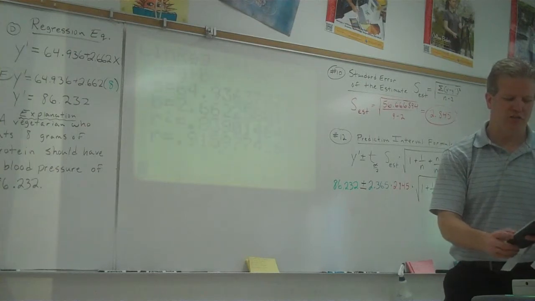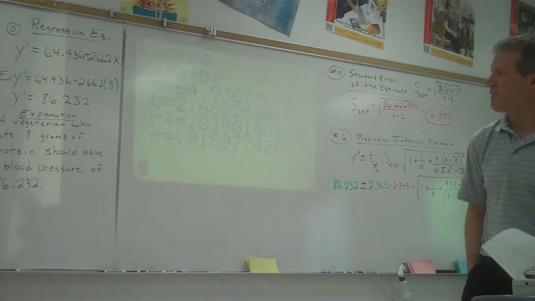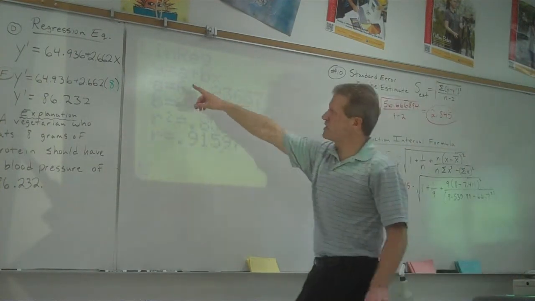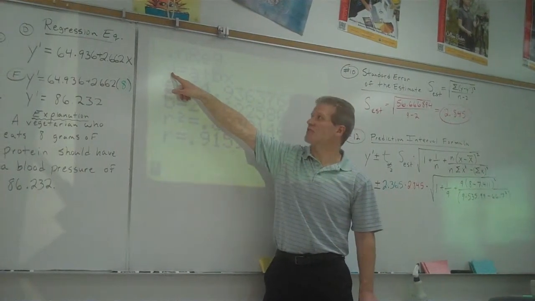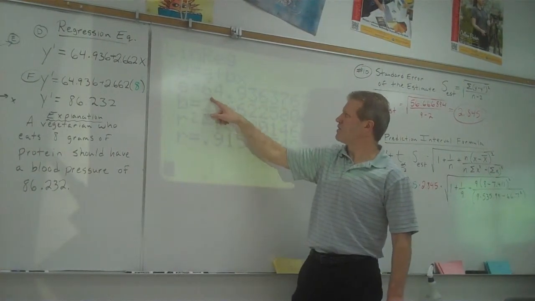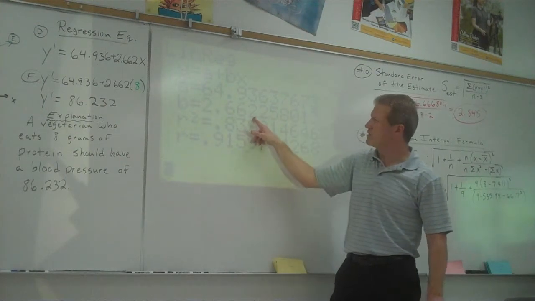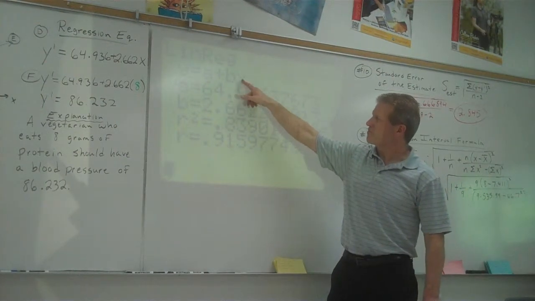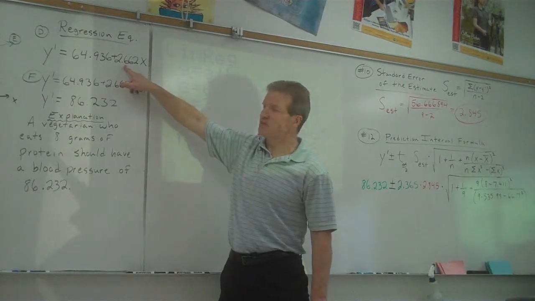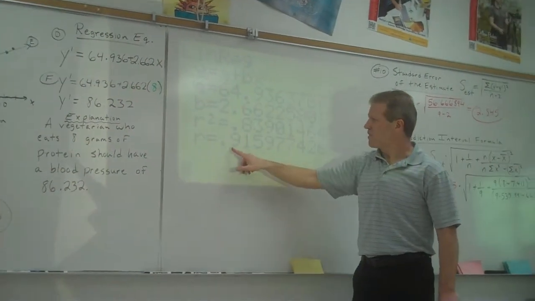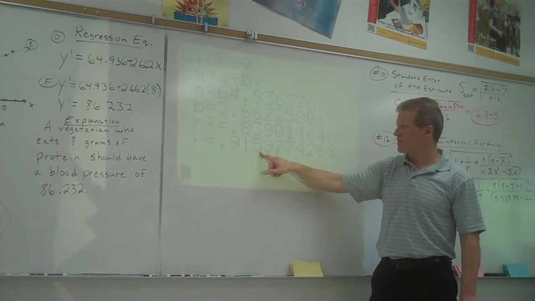Push enter twice, and here's my regression equation. Now the regression equation, instead of y, we call it y prime in statistics. So that's y prime equals a, there's my a value, plus b, there's my b value, round everything to 3 decimal places, x. So that's my regression equation, which is actually step D on this problem. The r value right here is 0.916.